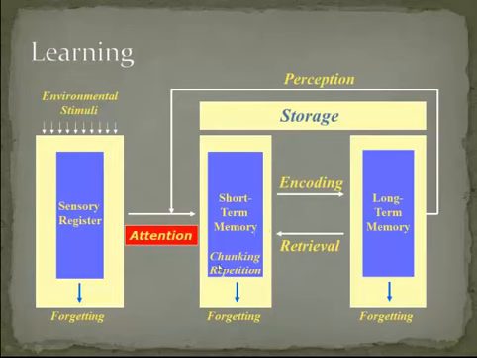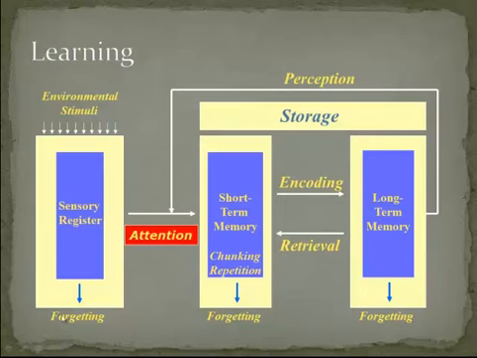If you don't repeat it, if you don't rehearse it, if you don't try to organize it in a way that you can put more information in there in such a way that you can then encode it into long-term memory, it goes bye-bye. Once you encode it into long-term memory, that's not enough. You have to encode it in a meaningful way, in an organized way, in what we call a deep processing way, in order to be able to retrieve it later on. If you don't do that, it goes bye-bye.